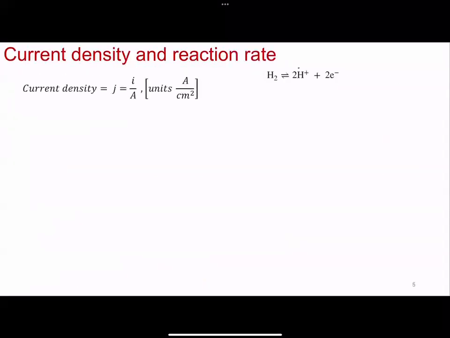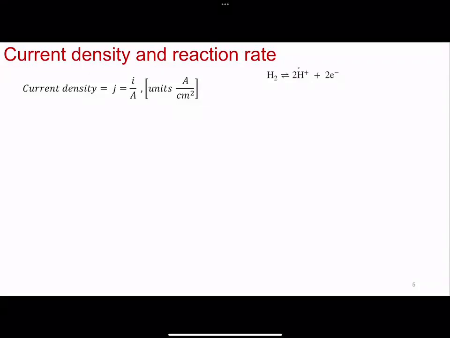All right. So we've talked about current, which is useful, but now we also want to talk about current density, which is even more useful because it's not just the current that you can get out of the fuel cell or apply. It's how much can you put through your system, your electrode, and then your cell, of course, because your cell is made up of the components.